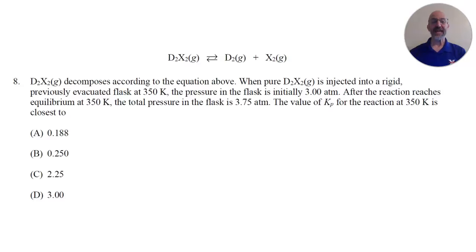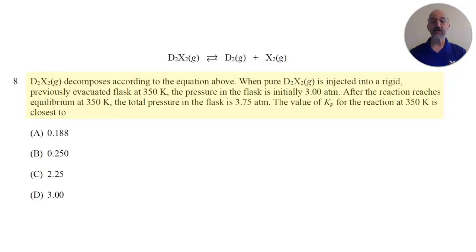In question 8, it says that substance D2X2 decomposes according to the equation above. When pure D2X2 is injected into a rigid, previously evacuated flask at 350 Kelvin, the pressure in the flask is initially 3.00 atmospheres.